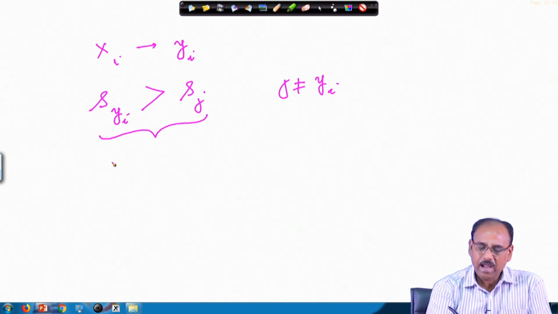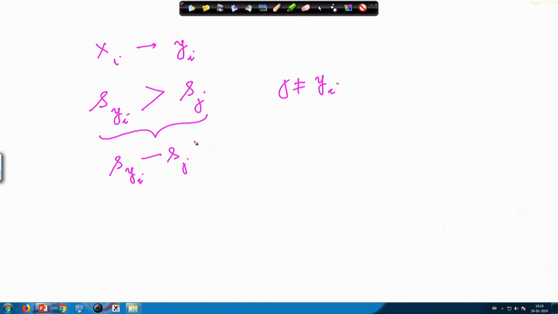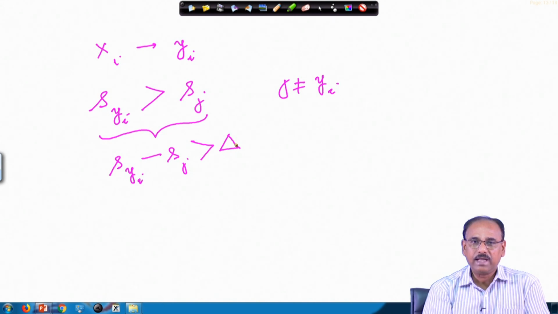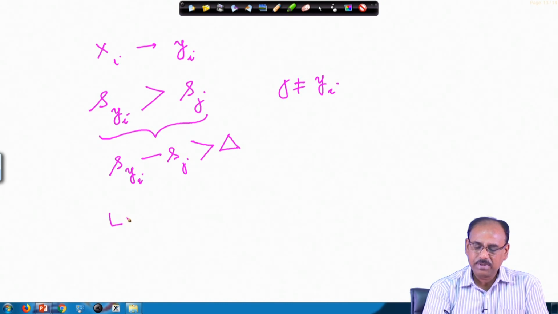So, I may like to have s_yi minus s_j greater than some delta. That is your confidence factor. That means it is not only that s_yi should be more than s_j, but s_yi should be more than s_j at least by a factor of delta, and only then I will be satisfied, and in such a case I will assume that my loss function is equal to 0.